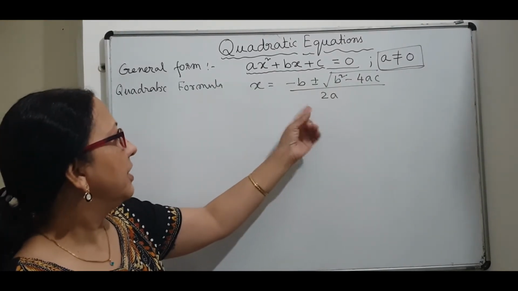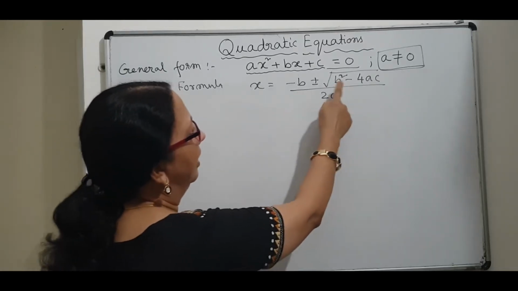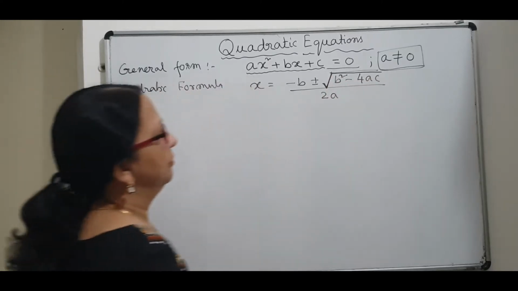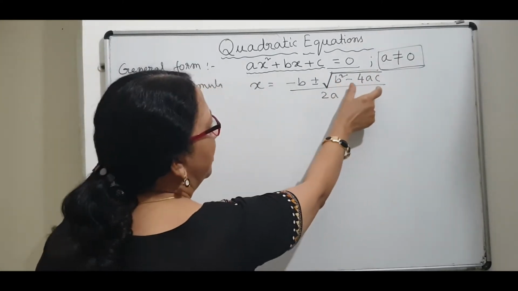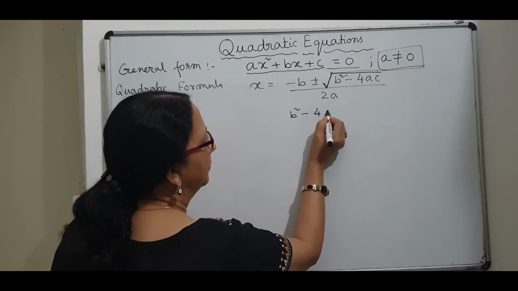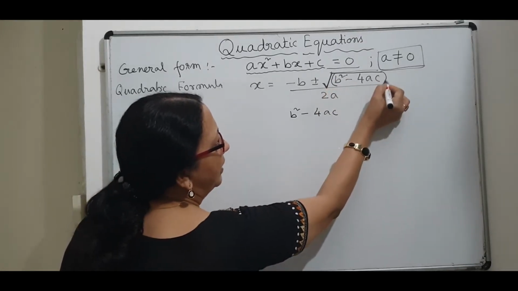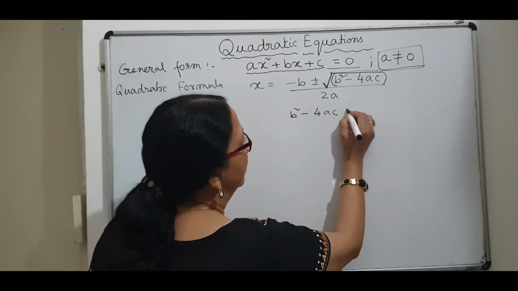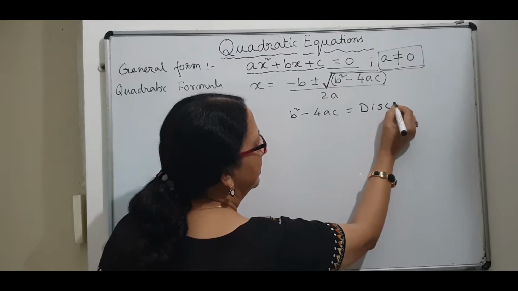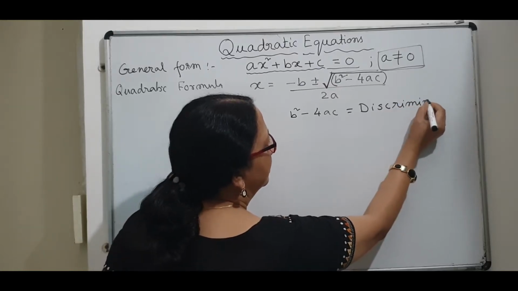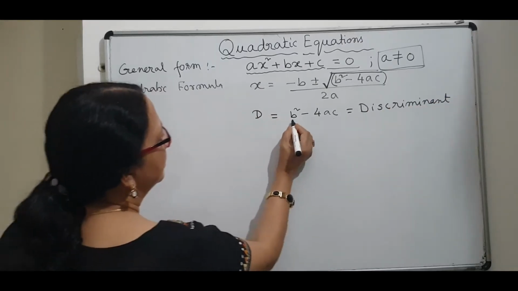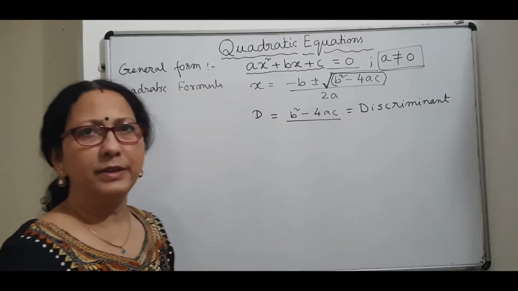Let us observe this. As we see, there is a term under the radical sign of the square root: b square minus 4ac. This term, b square minus 4ac, which is under the square root sign, is known as the discriminant, and we define it by capital D. Now why the name discriminant?